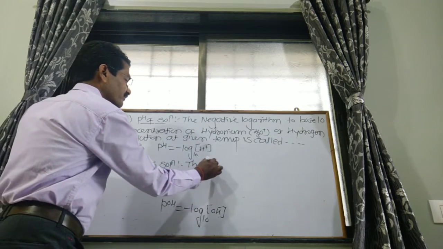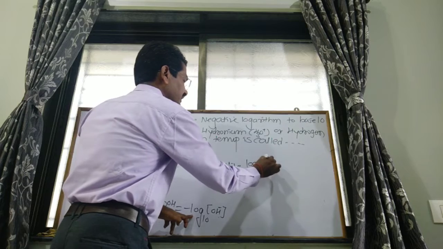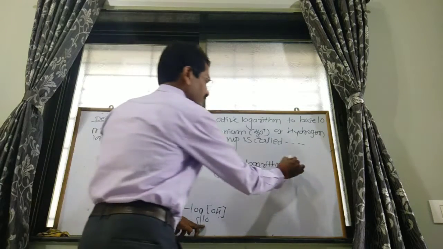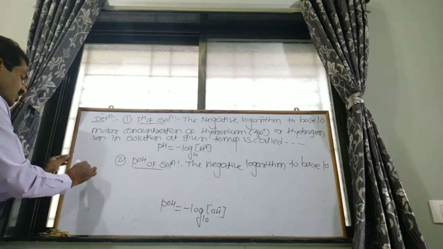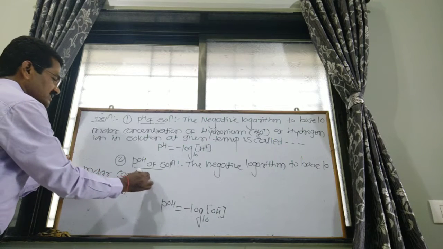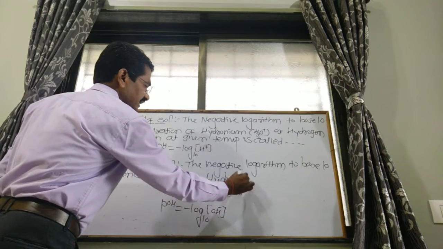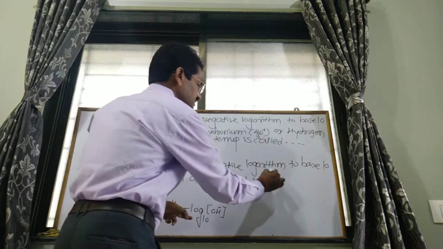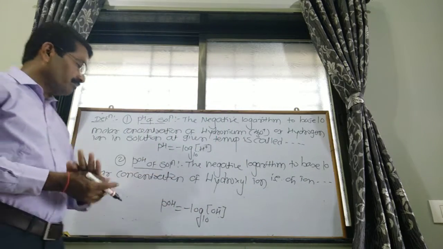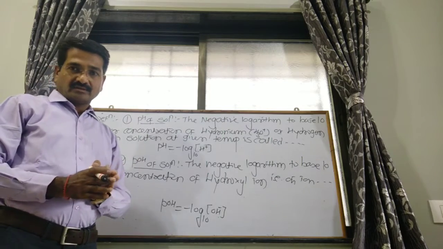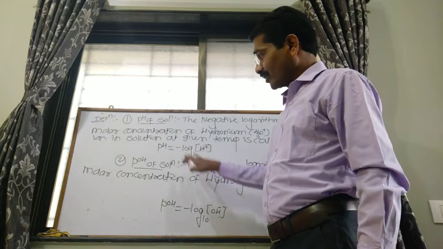The negative logarithm to base 10 of the molar concentration of hydroxyl ion, that is OH minus ion, in solution at a given temperature is called the pOH of solution.